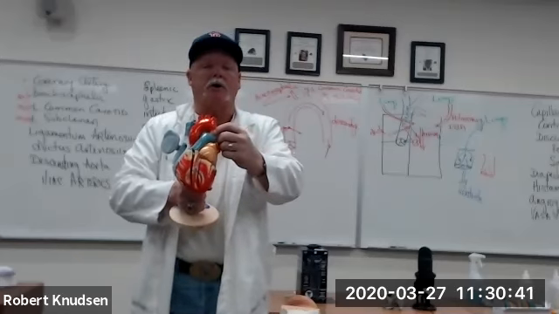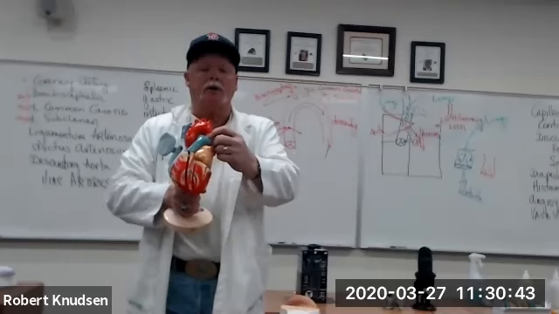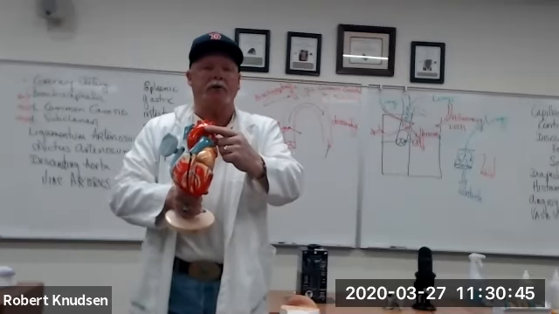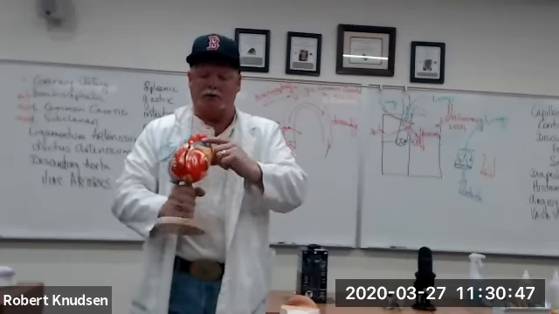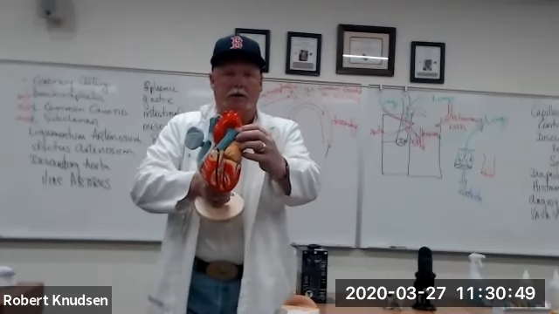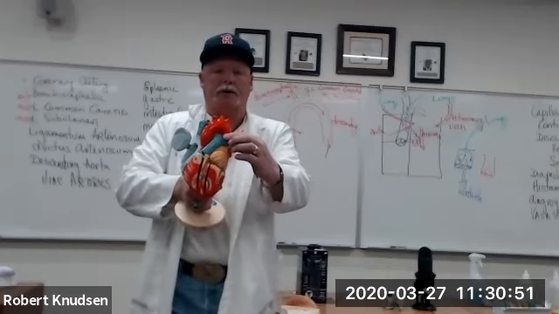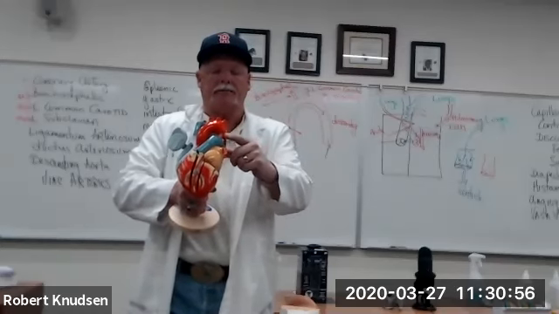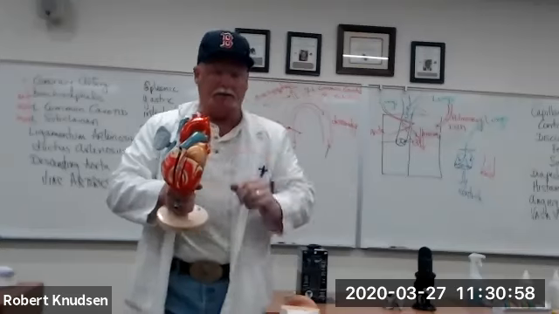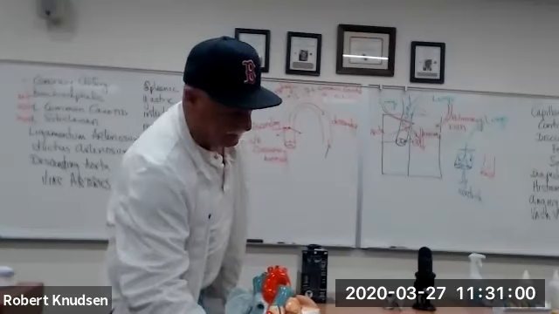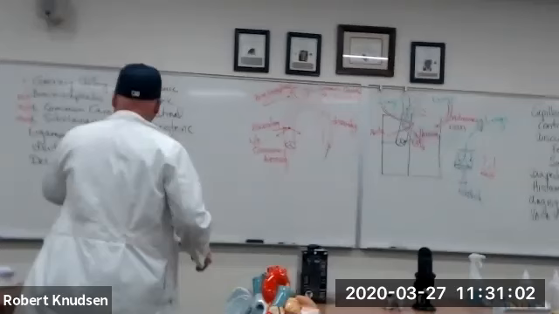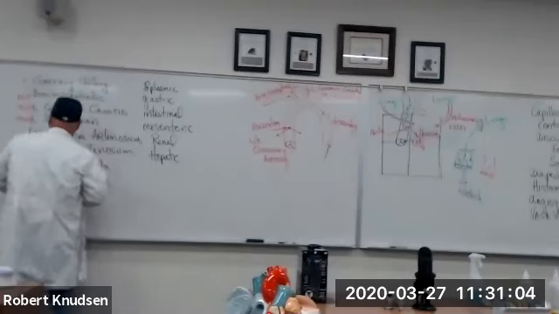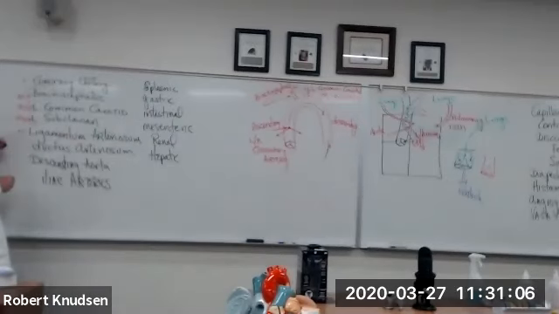That tissue is called Ligamentum Arteriosum, and it connects the aortic arch with the pulmonary trunk. See it? Aortic arch with the pulmonary trunk, just before it splits into the pulmonary arteries. That's what holds the arch in place. Do you understand? And that's why I have Ligamentum Arteriosum here.